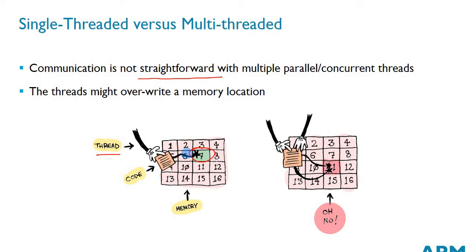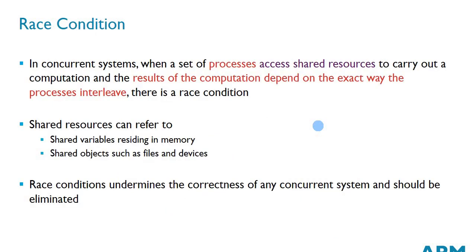But in a multi-threaded environment, two threads can be trying to access a shared memory resource. When that happens, it can lead to a lot of challenging issues. One of these issues is what we call a race condition, where a set of processes or tasks try to access a shared resource and do some computation on it.